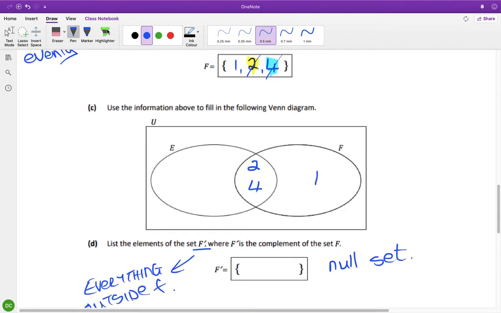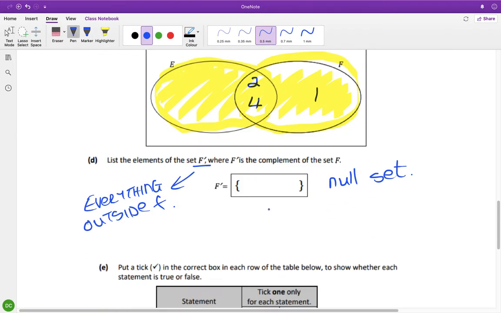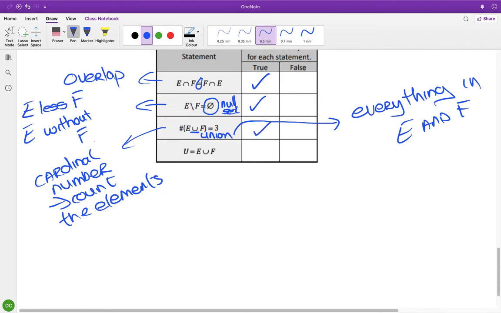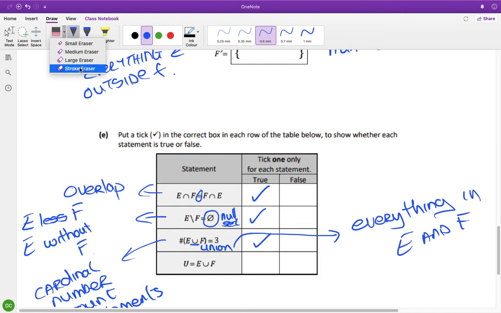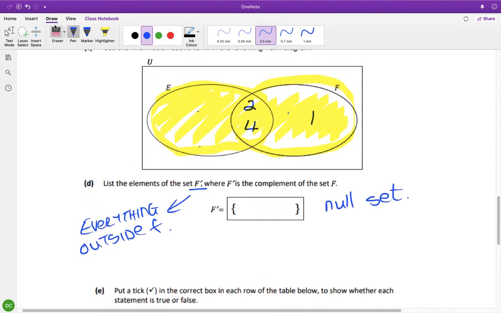Here we're talking about all of E and all of F, all of this, and you're asking yourself, in here, are there 3 elements? Yes, there are: 1, 2, and 4. So that's also a true statement. I'm going to go back and tidy up my diagram again.